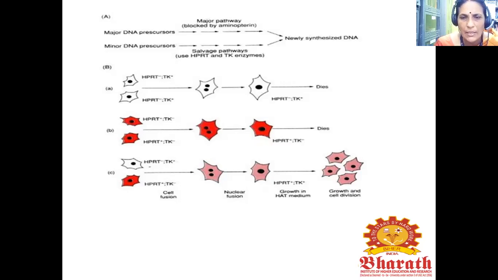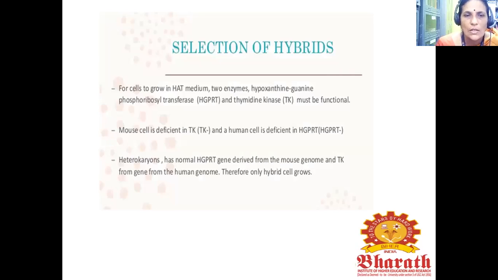HAT medium is hypoxanthine, aminopterin, thymidine medium, and it is useful for selection. This is a selective medium used for mammalian cell culture, in which growth and cell divisions occur. For cells to grow in HAT medium, two enzymes, hypoxanthine guanine phosphoribosyl transferase and thymidine kinase, must be functional.